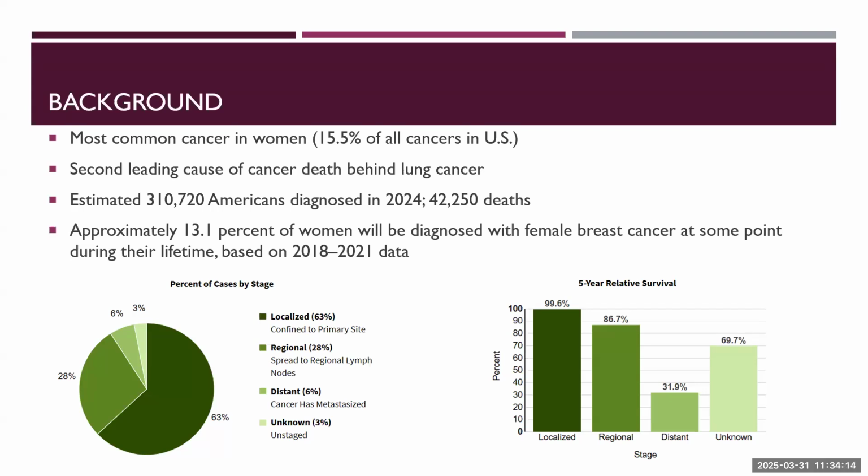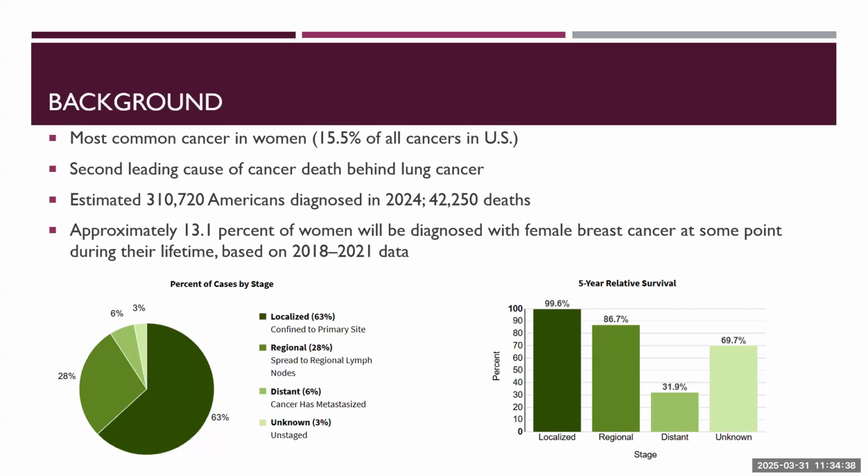As far as 5-year relative survival, as you can see, for localized, so just confined to the breast, 5-year relative survival is 99.6%. So a lot of times we're catching this early, and patients have really good outcomes with 5-year survival data. If it has spread to the lymph nodes, it's a little bit higher risk, and that relative survival goes down to 86.7%.